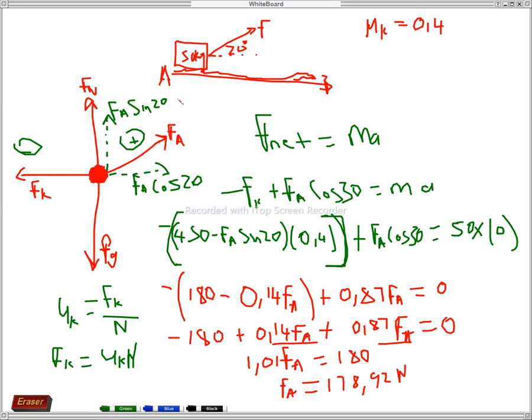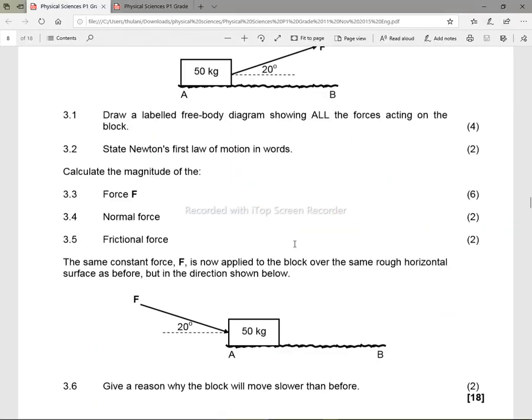That's why it was 6 marks, I understand. But as long as you know how to resolve and you apply the concept, it's going to be easy for you, guys. All you need to do is practice, and you'll be better with your physical sciences, especially paper 1, because most of the learners say it's difficult.